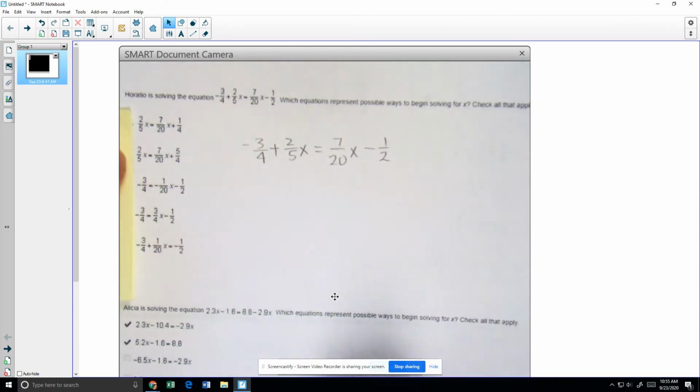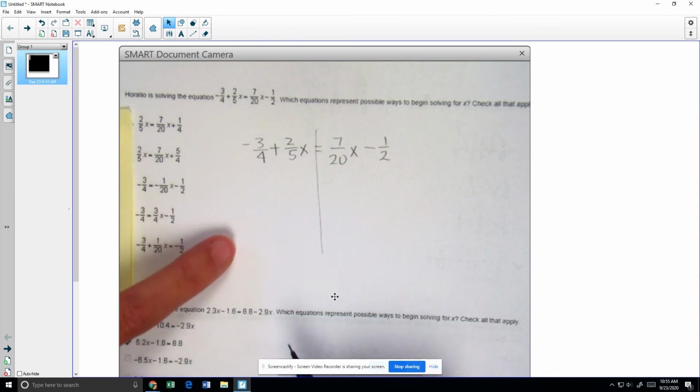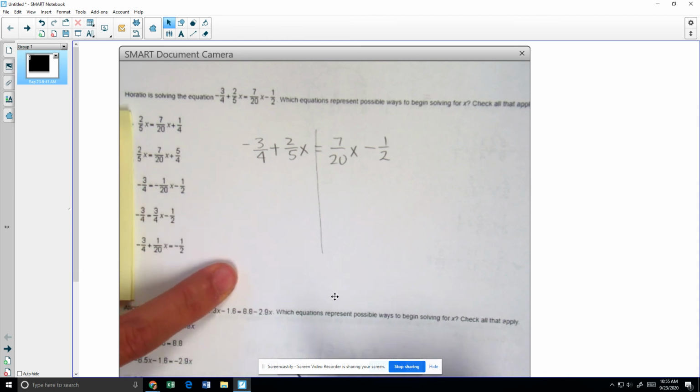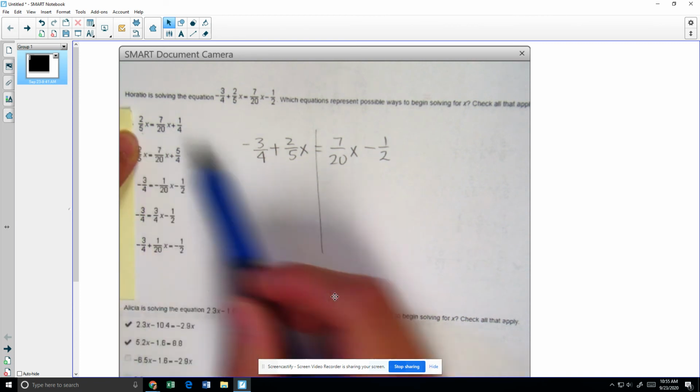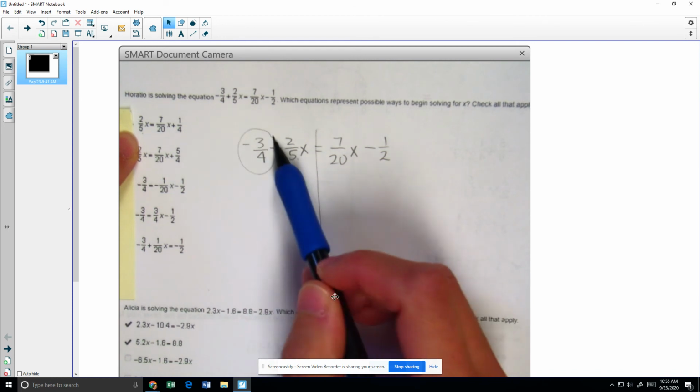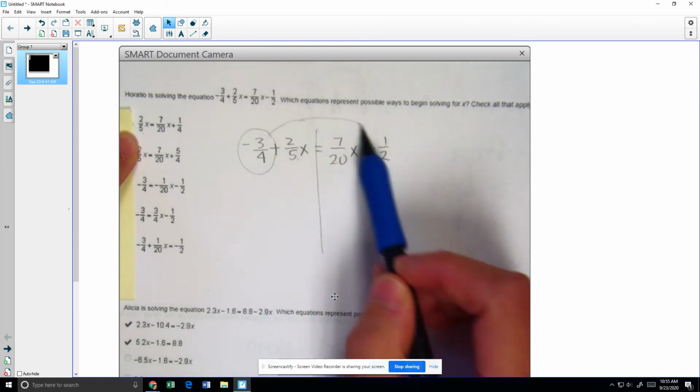Okay, so one way that I could begin solving for x could be to, let's see. Well, let's take a look here. 2/5 is left over, so that must have moved over here.